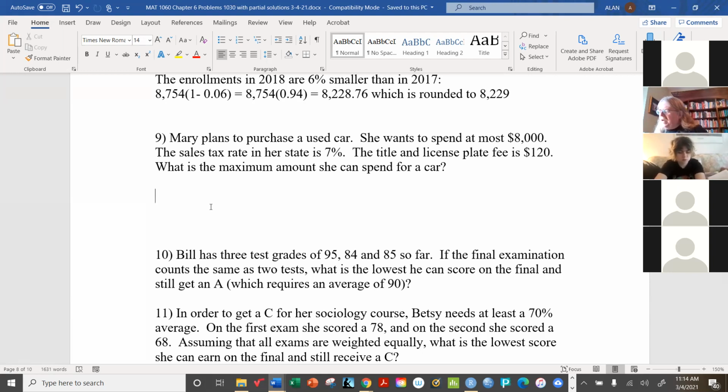What we want to know is the maximum sticker or retail price that she can pay for this car. All right, so how does that work? Well, what do we know? Let's let X be the retail price.